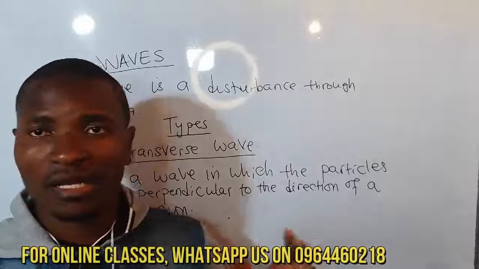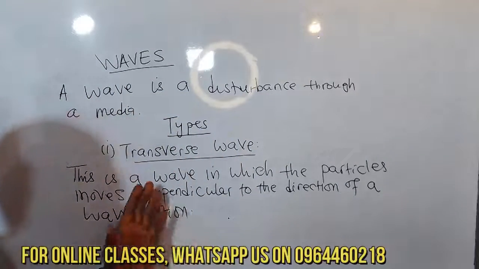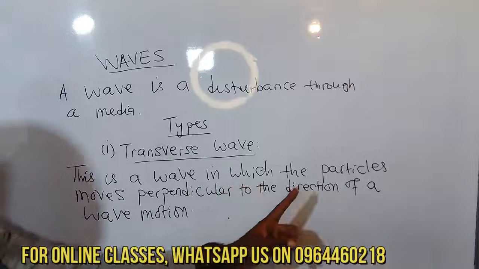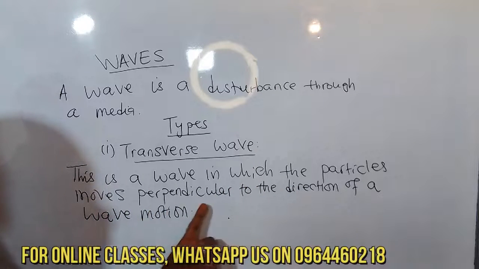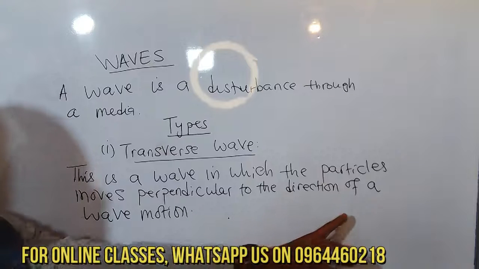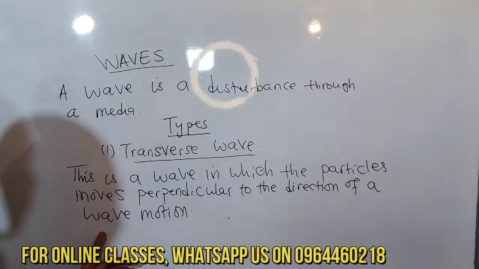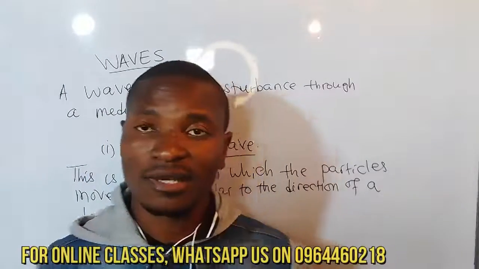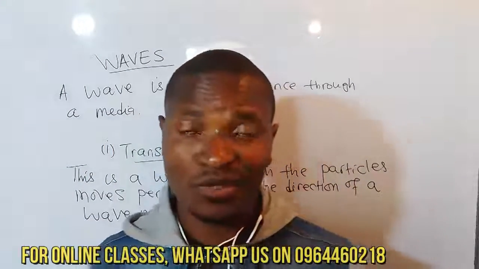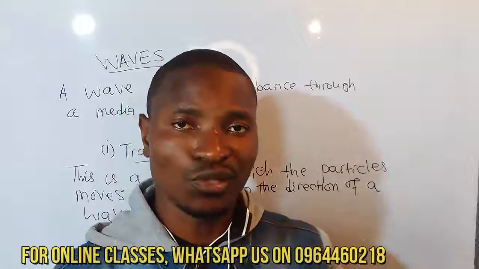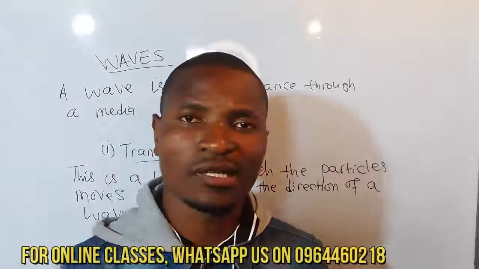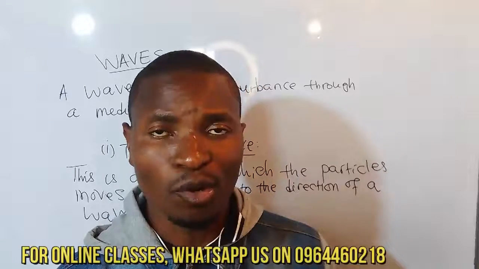When you're talking about a transverse wave, this is a wave in which the particles move perpendicular to the direction of the wave motion. What we mean by that is that the particles that cause the movement normally move perpendicular to the direction of the wave motion.